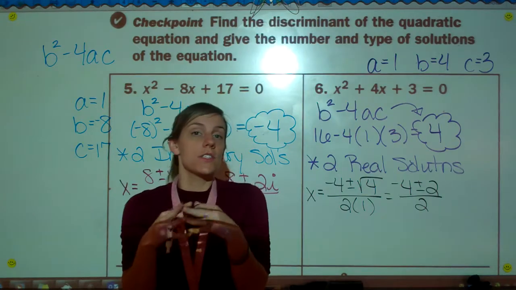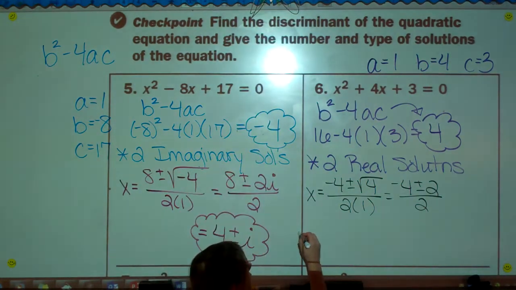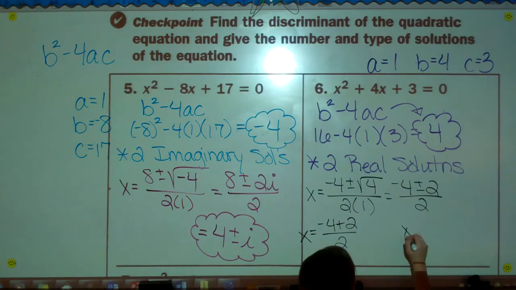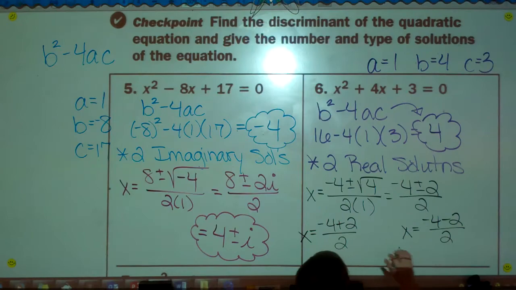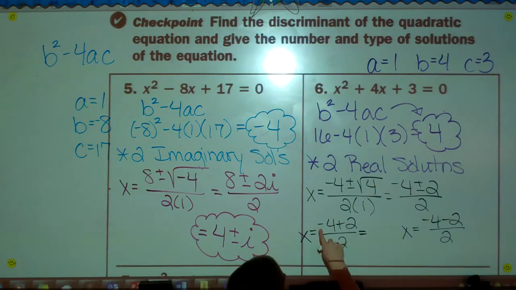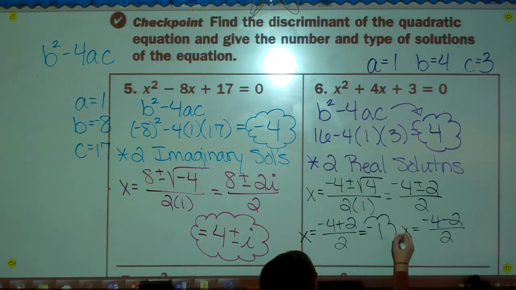Now that we just have regular numbers, we work the numbers out and get two different numbers. We say x equals -4 plus 2 divided by 2, and x equals -4 minus 2 divided by 2. We add in one and subtract in the other. So -4 plus 2 is -2, divided by 2 is -1. There's one of the solutions.